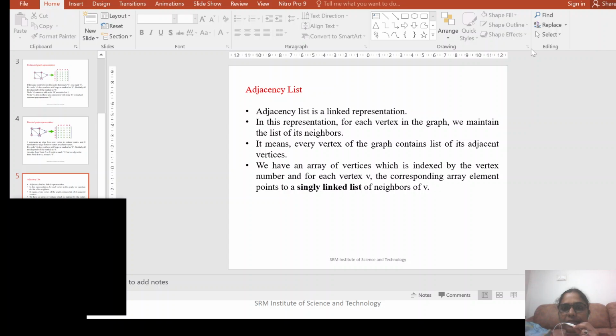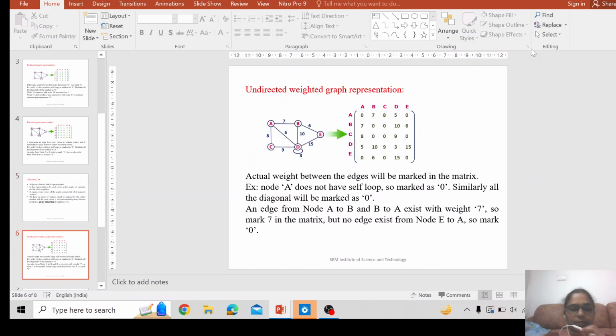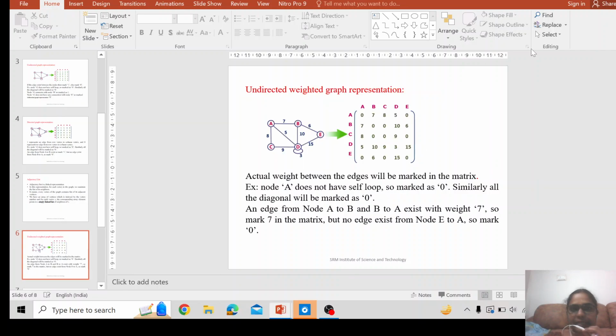There is an array which is indexed by the vertex number, and here it will be represented by using pointers. For simplicity, we will be considering the singly linked list. Let's consider the undirected graph representation. So this is the graph representation using a matrix.